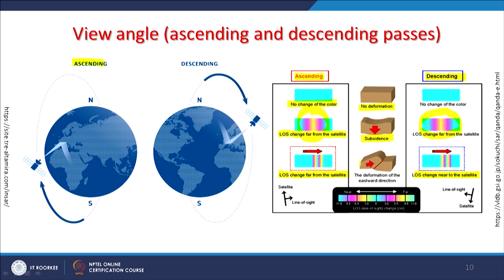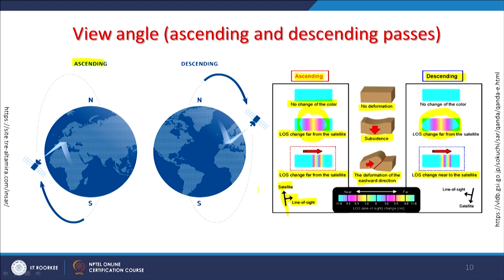However, when the changes are like this, like a thrust in the east-west direction, where deformation has occurred due to an earthquake or tectonic event, I will see the colors of the fringes like this: cyan, magenta, yellow, and in this case yellow, magenta, cyan. This is the line of sight, and this is the direction of the satellite, which is going like that.